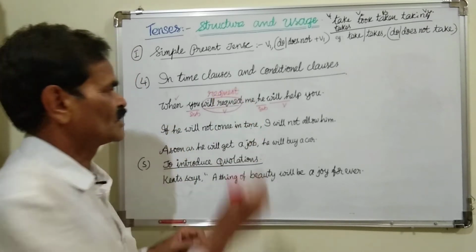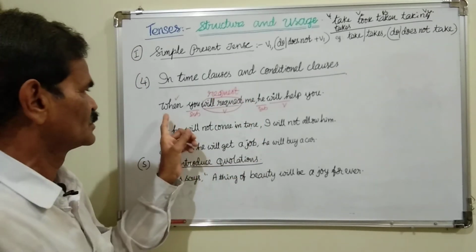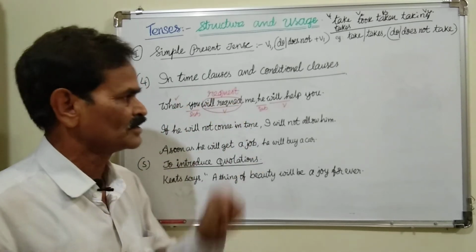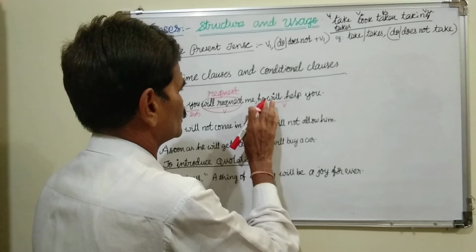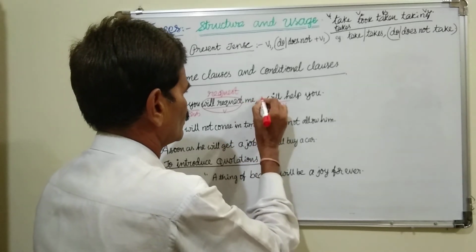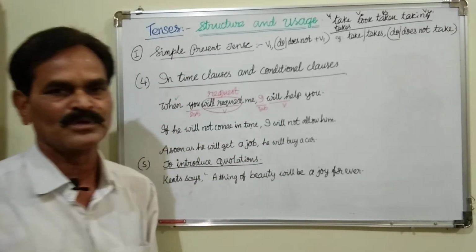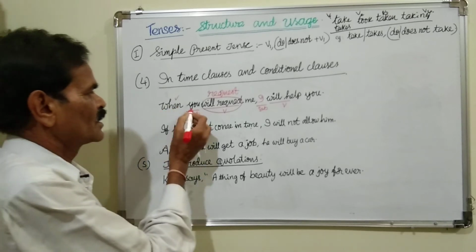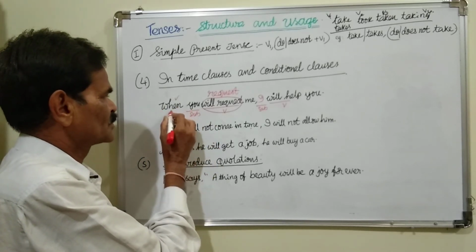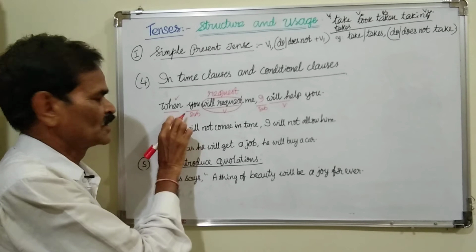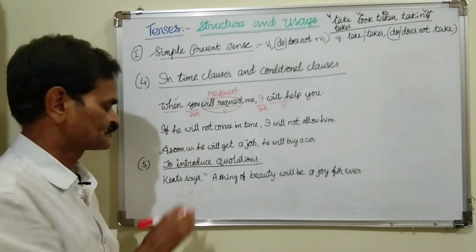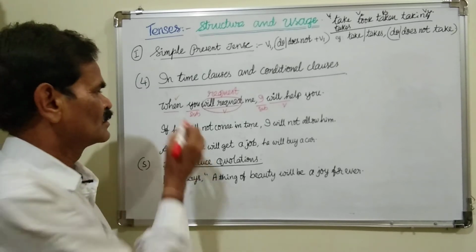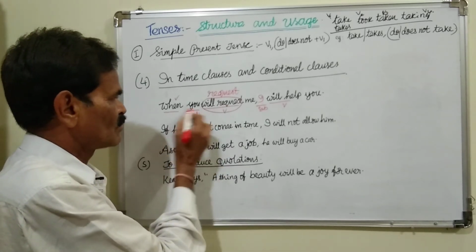We cannot use shall or will, only V1, that is, when you request me, I will help you. So in the time clause, that is the clause that comes immediately after when, or as soon as, or before, or after, or no sooner, this clause is called a time clause.